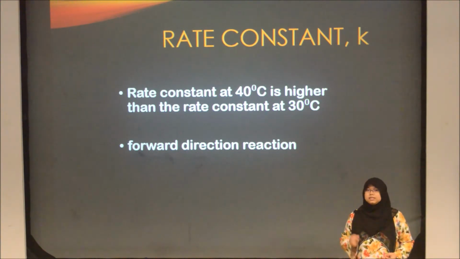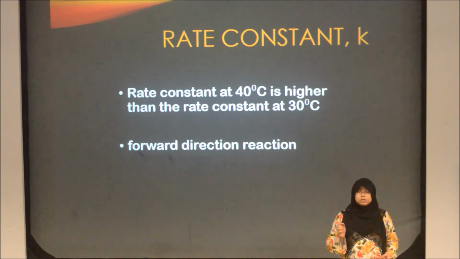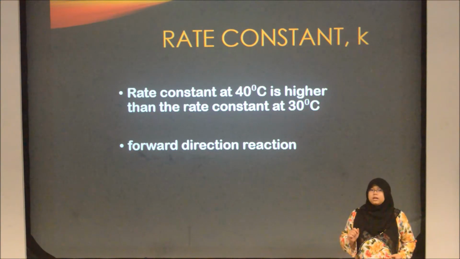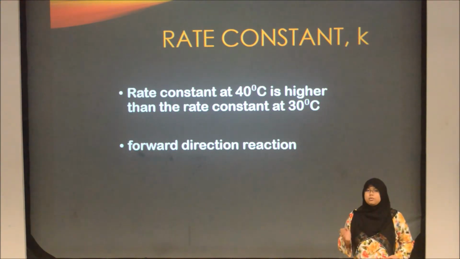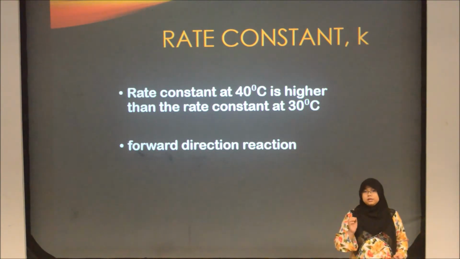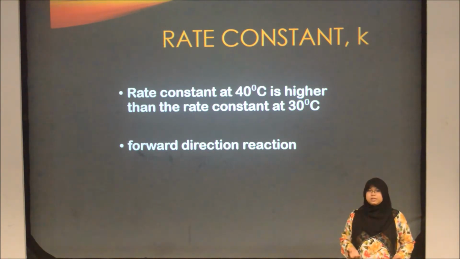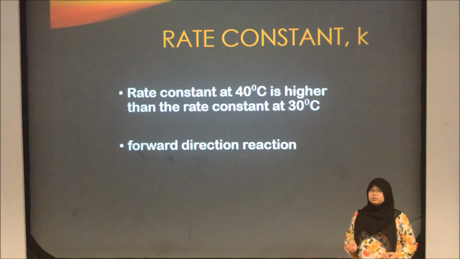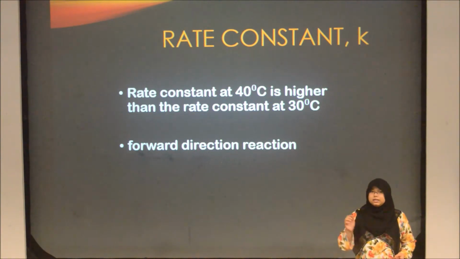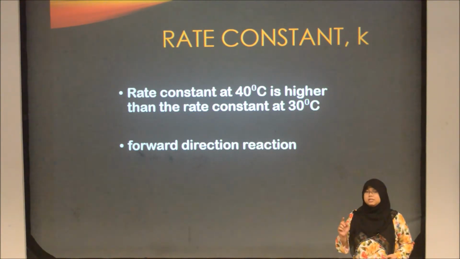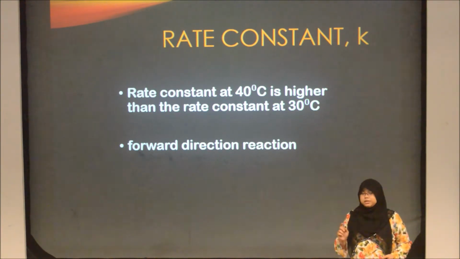Theoretically, as the temperature increases, the rate constant will also increase. This theory has been proved by our result just now. As you can see, the rate constant at 40 degrees Celsius is higher than the rate constant at 30 degrees Celsius. This is due to the kinetic energy, which increases as the temperature increases.